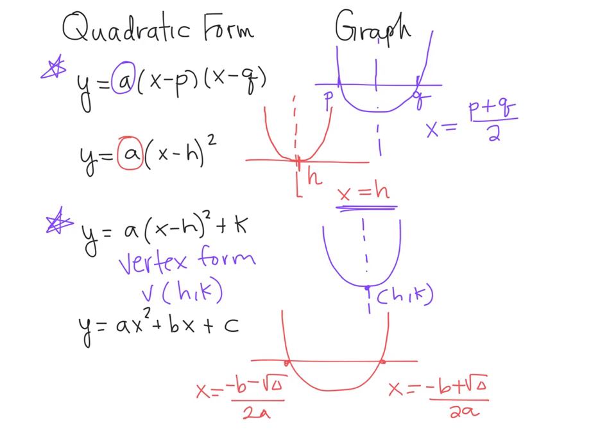The line of symmetry on this function will be at the average of these two roots, the zeros, which is going to be at x equals negative b over 2a.